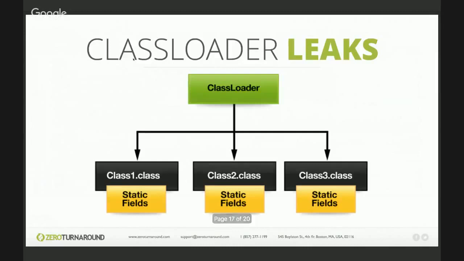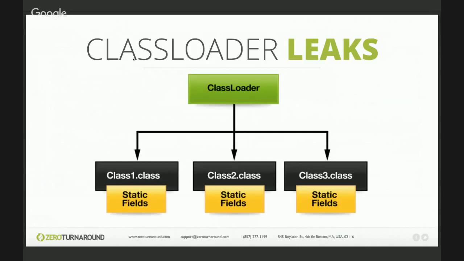Okay, so let's talk about class loader leaks. Class loaders have a link to every class they create. We already discussed that classes have a link to the class loader that created it. But the key part is every class loader has a link to all the classes it created. What this means is it effectively has a lot of memory, because it has to hold all the static fields in every single class it creates.